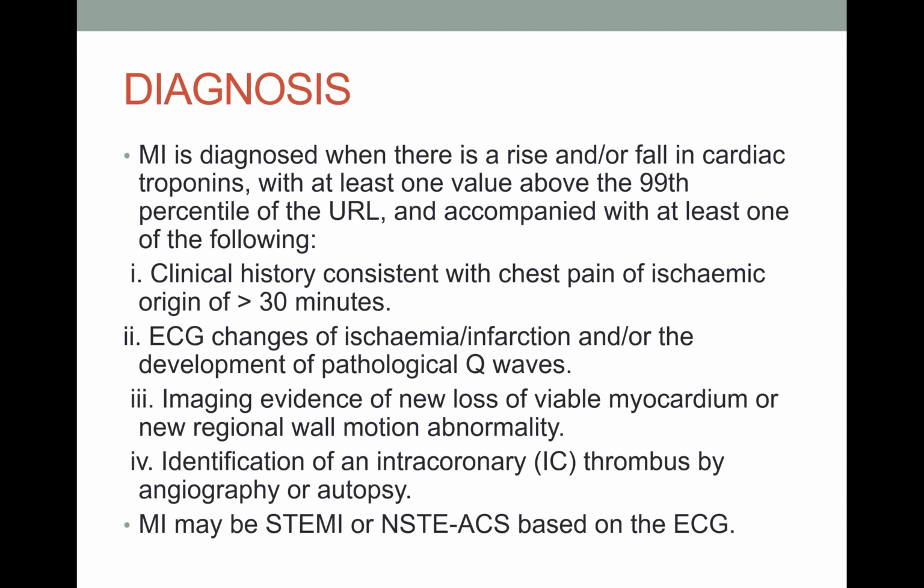So to diagnose, the first criterion is a rise and or fall in the troponin, and then the others. It could be typical clinical history consistent with chest pain of more than 30 minutes, such as central chest pain radiating to the left arm or neck, with sweating, nausea, vomiting and other typical symptoms, or even non-typical symptoms such as just sweating or palpitations, for the elderly, women or people with comorbids.